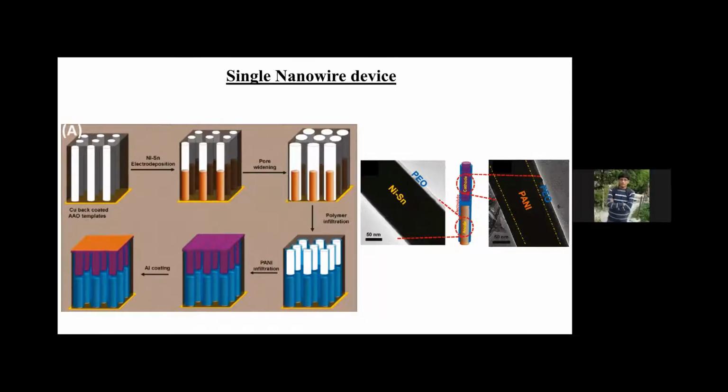But I would not suggest using the template, because although we can get very good structural devices, the problem is removing the template, and during its removal there are some limitations. I will not discuss that. The main focus is on electrodeposition techniques. We can get very good single nanowire devices, complete devices.